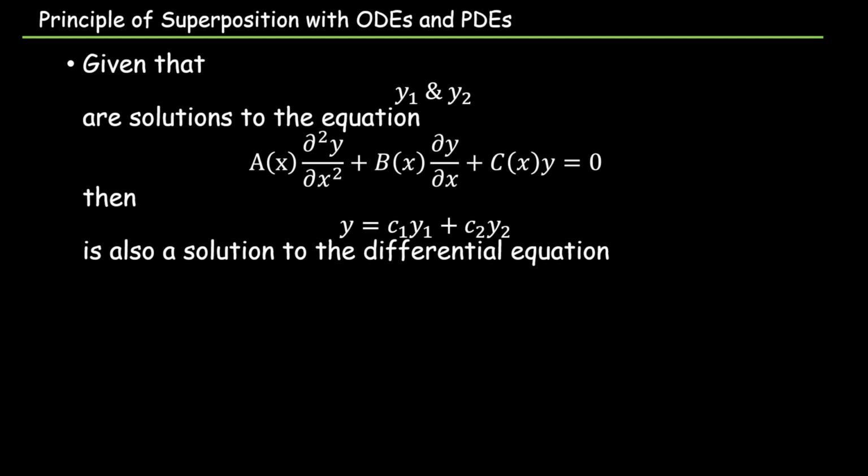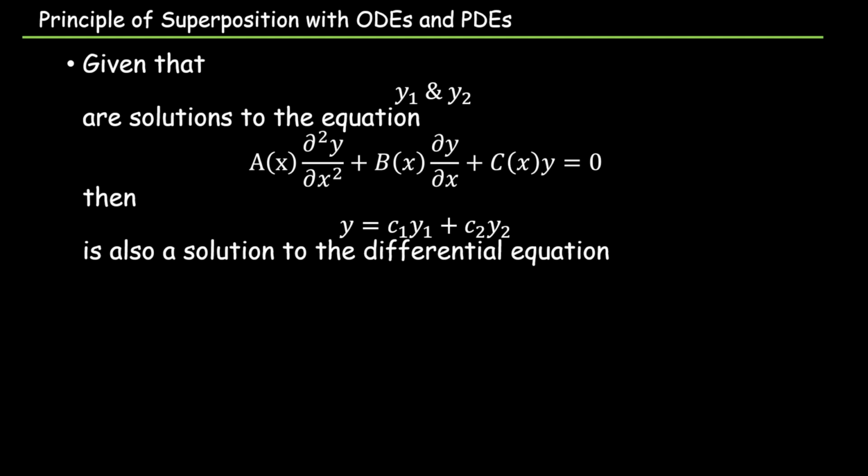We were given that y1 and y2 are solutions to the differential equation as shown here. So we have second derivatives, first derivatives, and a zeroth-order term, all multiplied by some functions that are all equal to 0. Then we can say that y equals c1 y1 plus c2 y2 is also a solution to the differential equation.